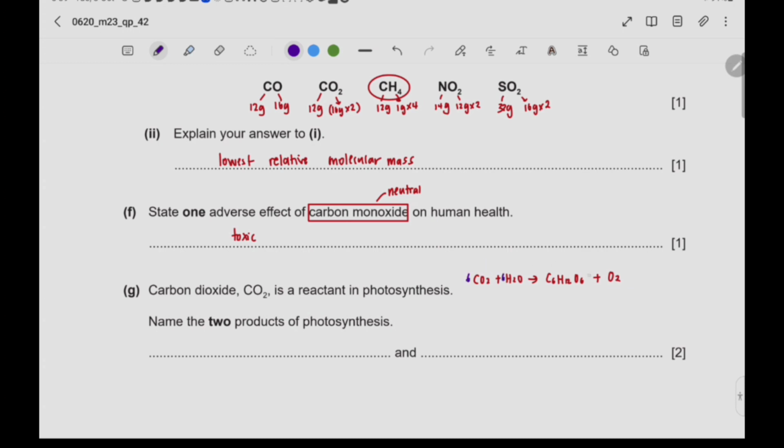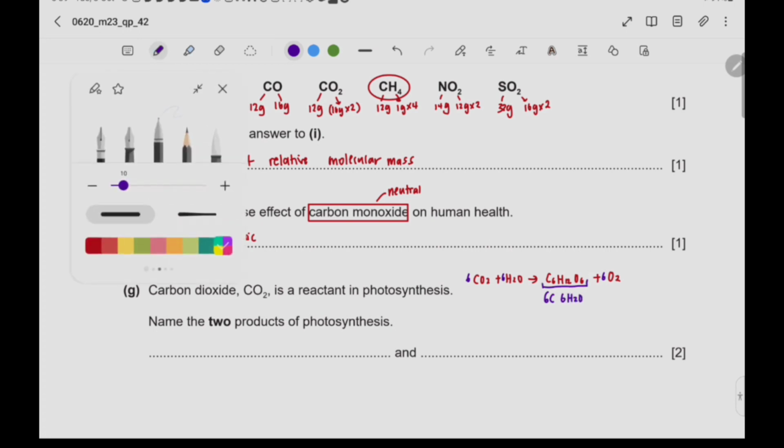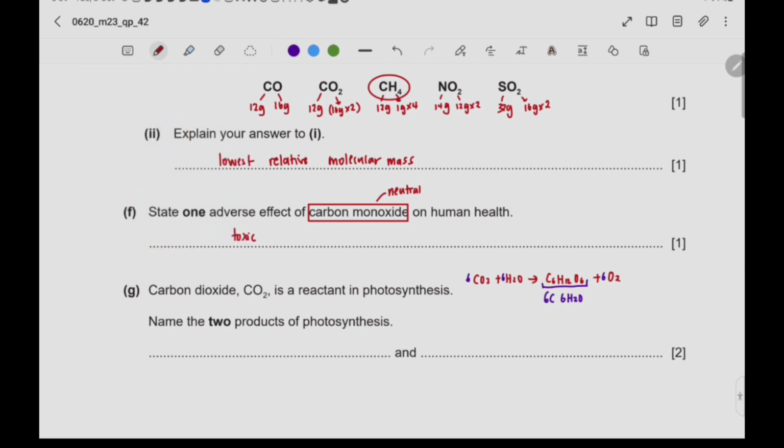Just 6, 6, all the way 6. Because this is actually 6 carbon dioxide and 6 water, if you realize that. That's how I open them up and memorize after that. So very simple. They want the name, so please be careful whenever they ask for name, not chemical formula. So this is glucose and oxygen.